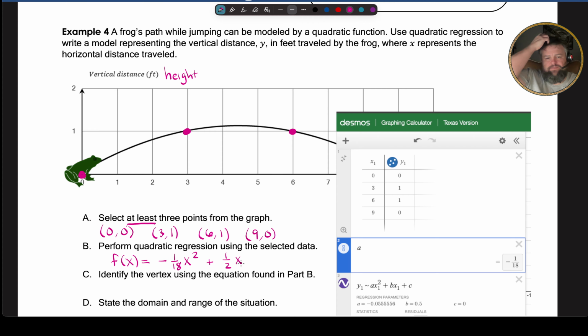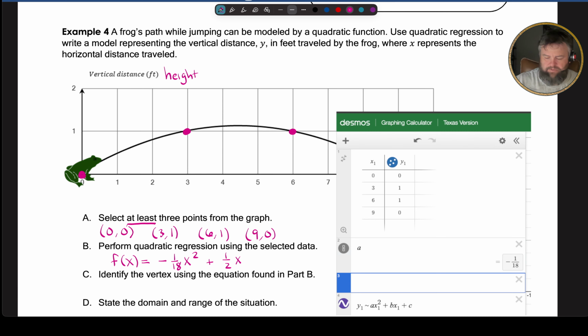We're going to identify the vertex using the equation found in part B. In order to get the vertex, we need to identify negative b over 2a. I totally forgot about the a part. I did it this way so you can see we're going to convert this into a fraction.